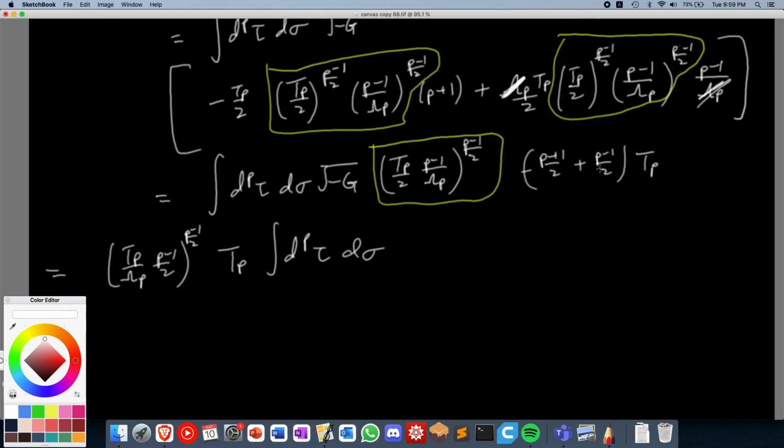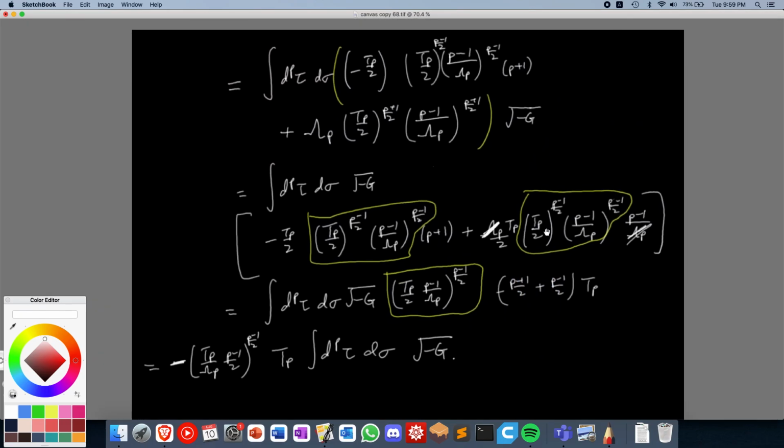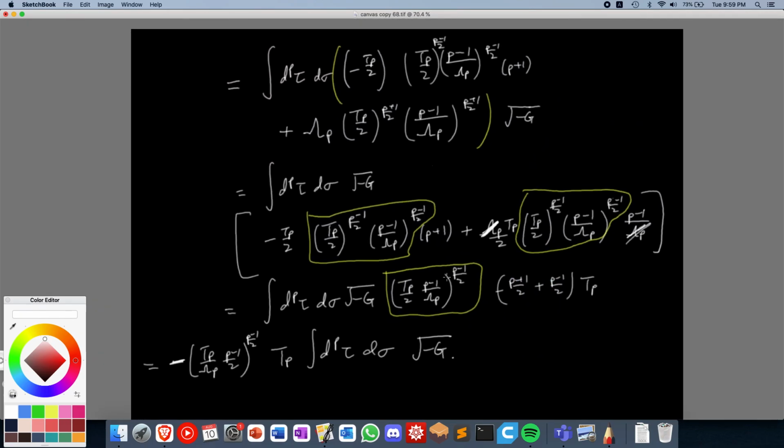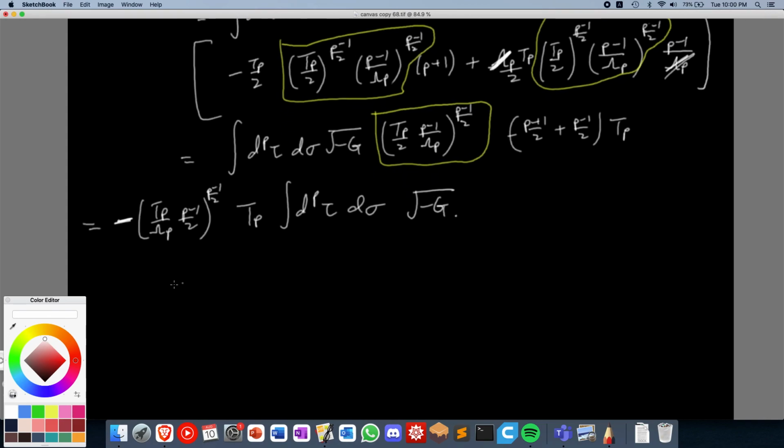This actually gives you minus 1, so there's a minus sign there, and last of all there's a square root minus g over here, and wonderful. Sorry if you have been confused for the past 10 minutes, but essentially I have been trying to factorize out into this form. So what do we observe here?